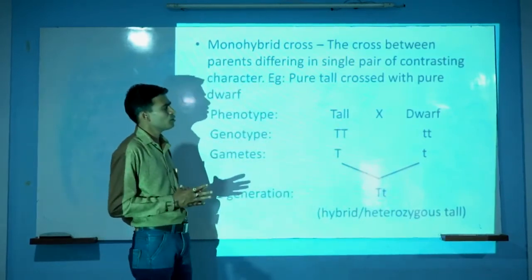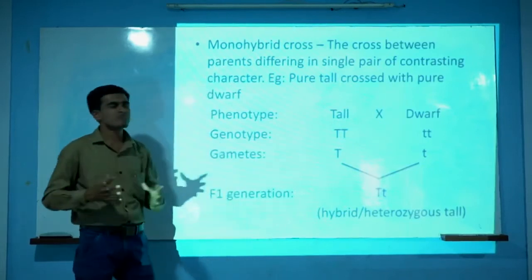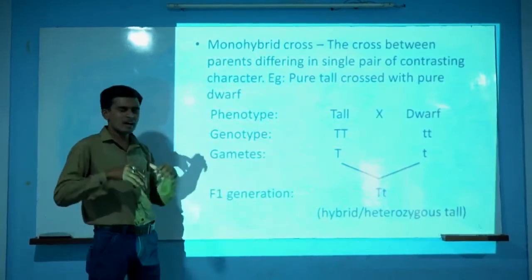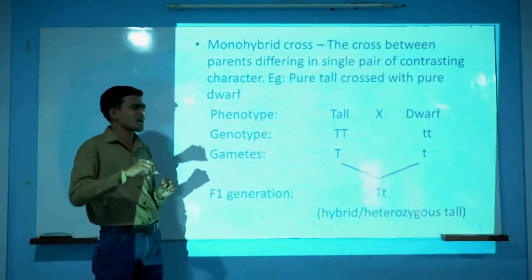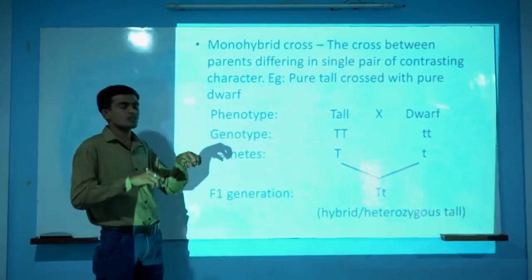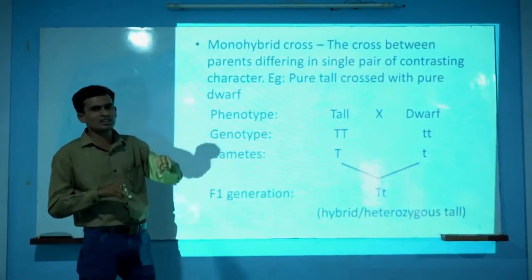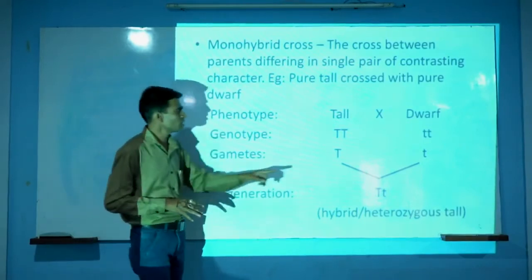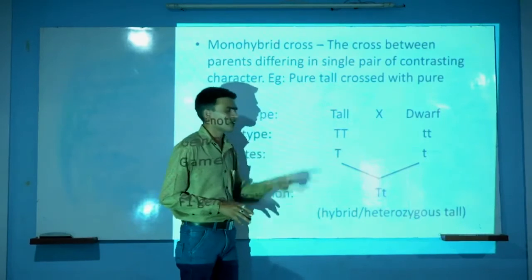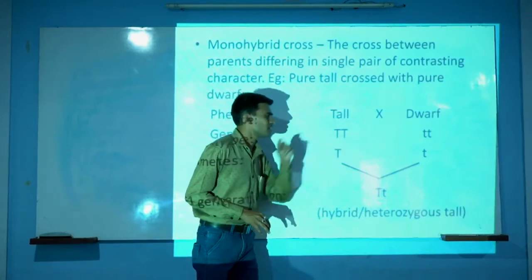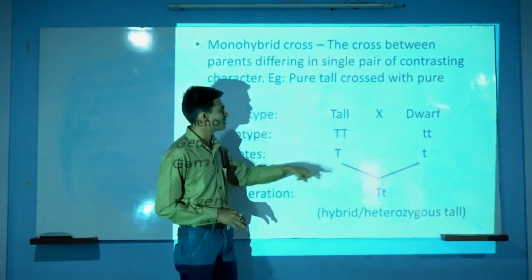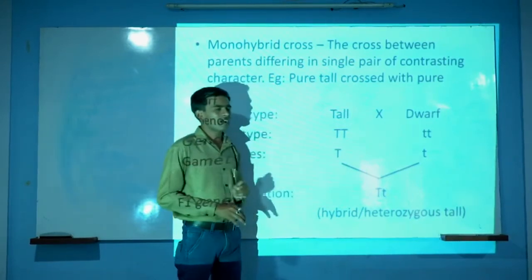Then these plants produce gametes during gametogenesis, and during gametogenesis each factor or each allele enters into the gamete separately. Meaning what? A single factor enters each gamete. So out of capital T, only capital T enters into the gamete.